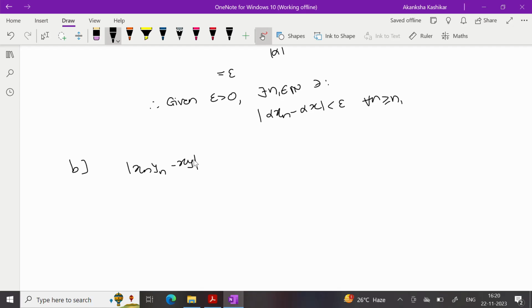What I know is something about xn minus x and something about yn minus y. So how do I bring in those terms? I can add and subtract x and y.